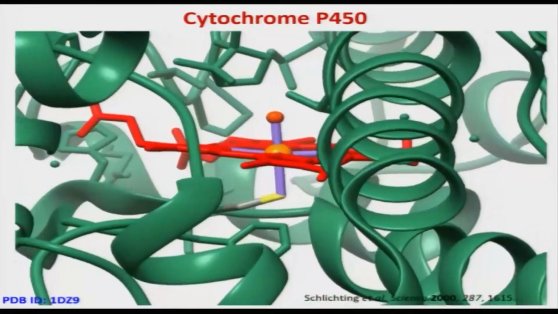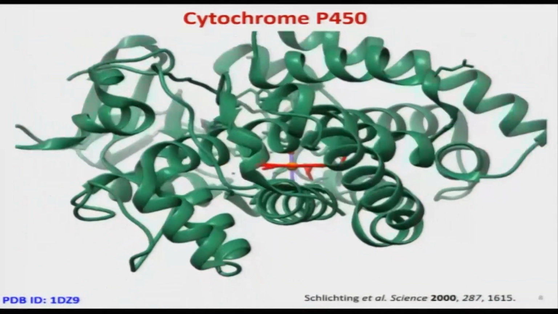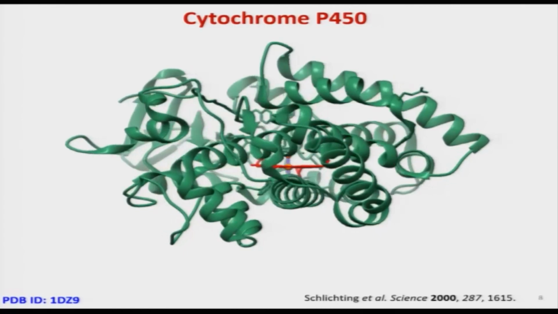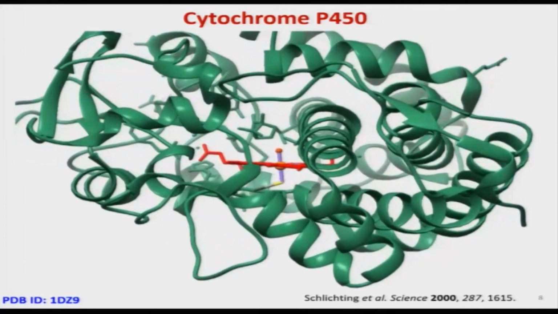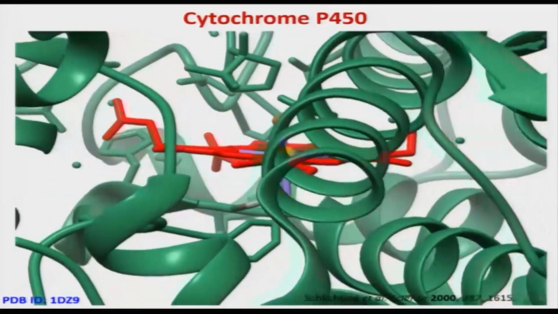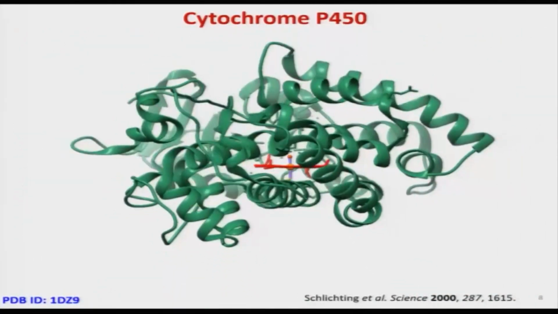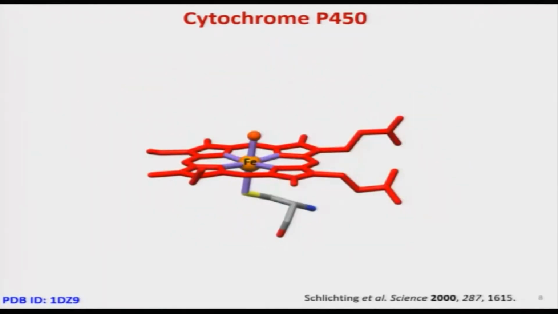However, the basic chemical transformation, that hydroxylation, is taking place at the iron center, and thus this iron is so important. If we remove this iron, this enzyme is completely inactive. That shows the importance of having iron in cytochrome P450. Now, once I remove this protein chain, what do you see?